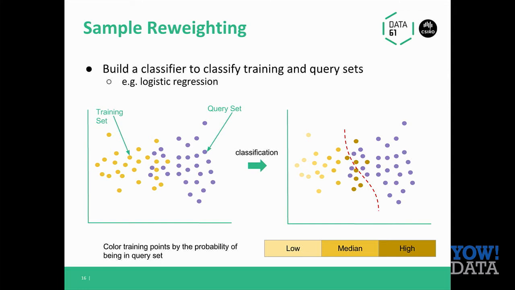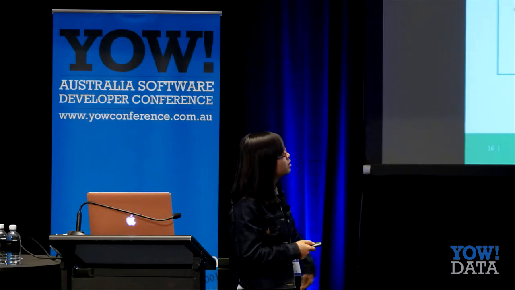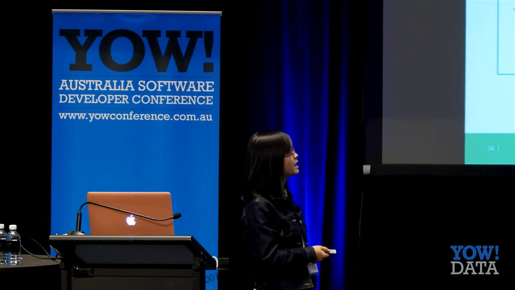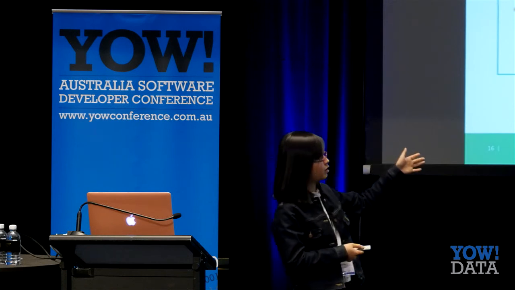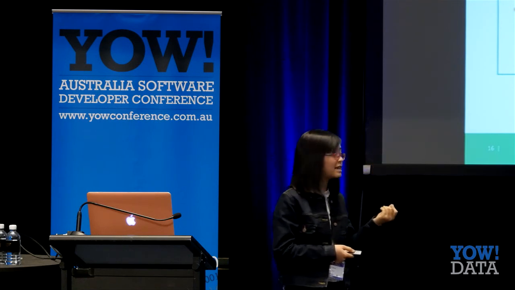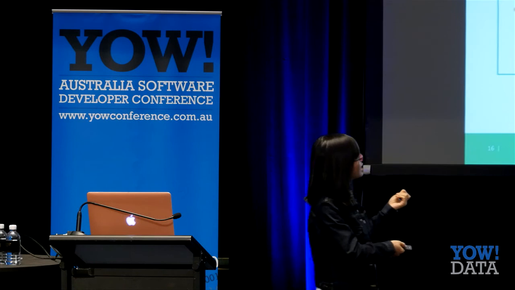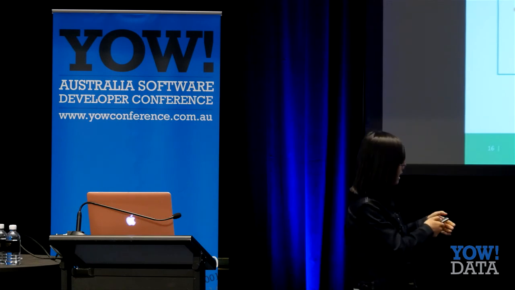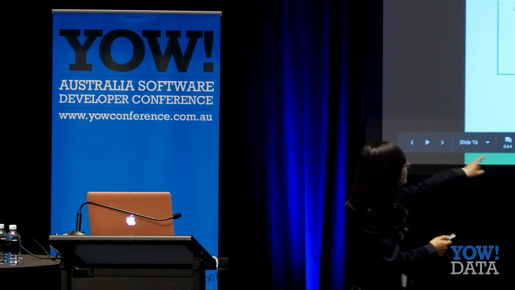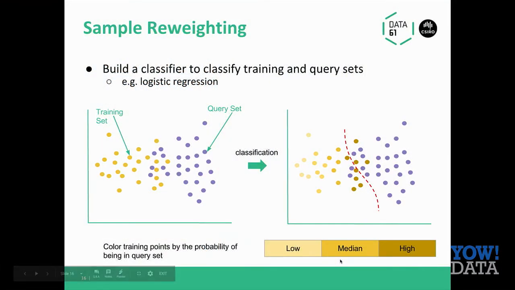After the classification, the classifier would learn a decision boundary shown as this red dashed line to separate the training and query set. If you look at this plot, I actually colored the training sets with the probability of being inside the query set. You can see some points with light yellow here, which means they got low probability of being inside the query set.